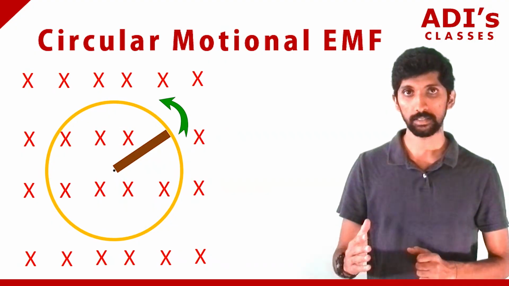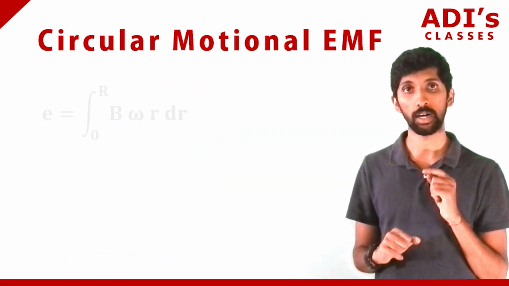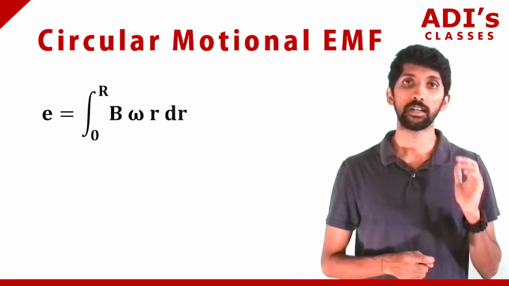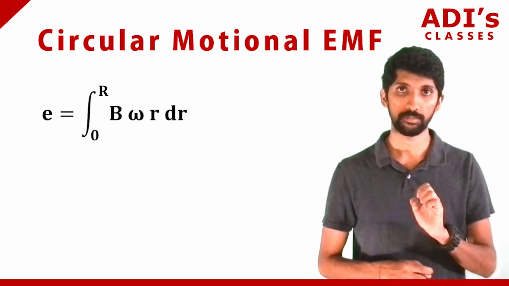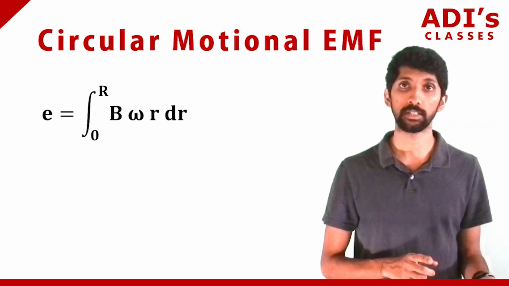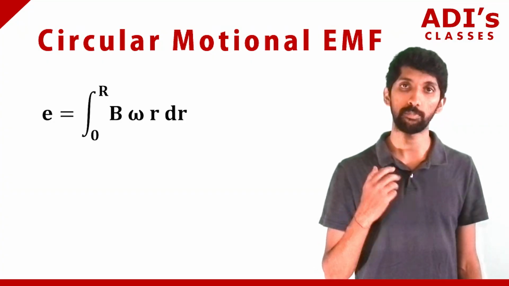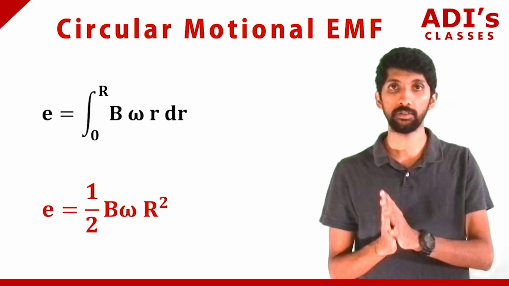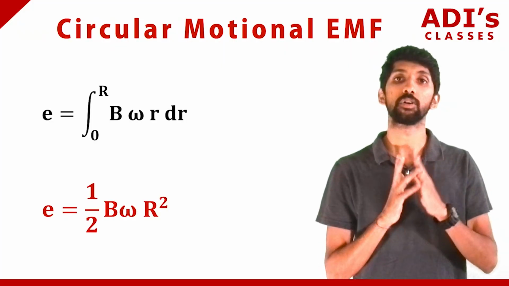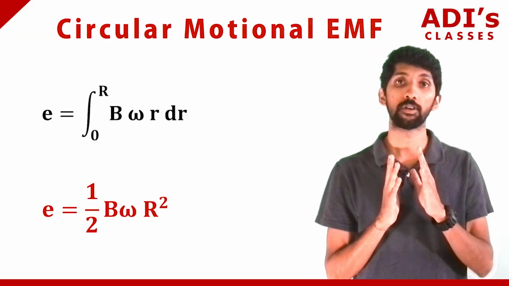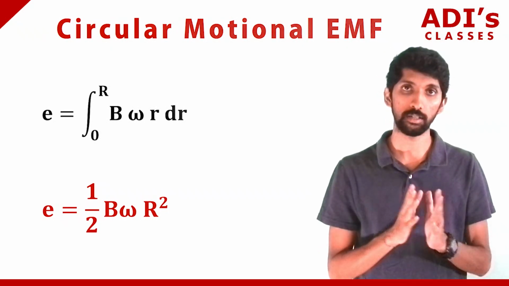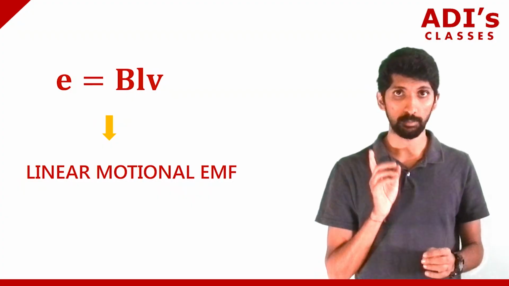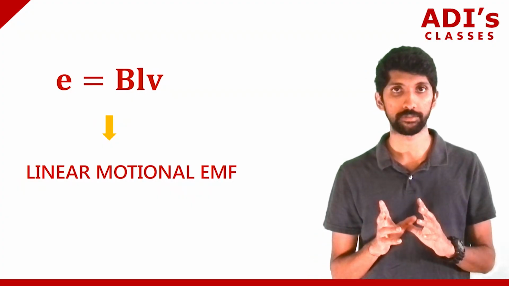When you integrate this, the limits become 0 to R. So you have E equals the integration from 0 to R of BV dr. Once you change the linear velocity to angular velocity and apply the limits, you get the answer as half B omega into R square. So this is the motional EMF for uniform circular motion, and E is equal to BLV is the motional EMF for linear motion.